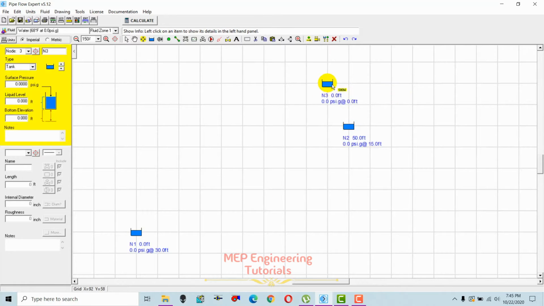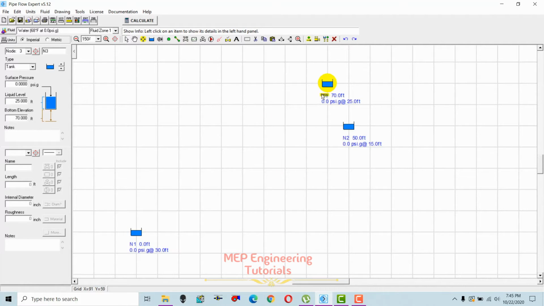And same for the third tank, surface pressure open to the atmosphere, so I'll keep 0. Let's say the liquid level in this tank is 25 feet, and the bottom elevation of this tank 3, let's say it's 70 feet.